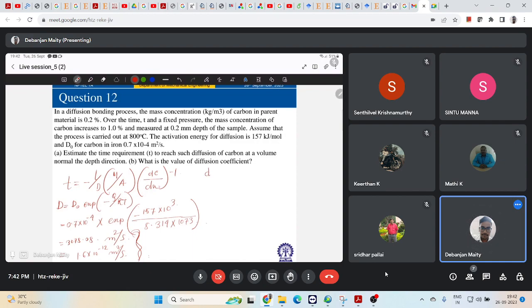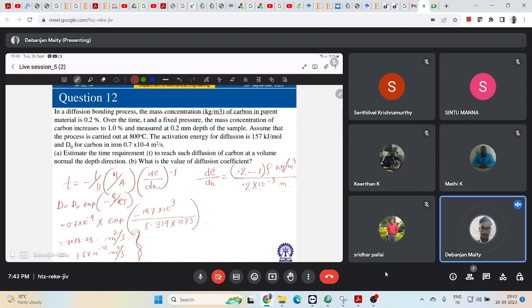Then I can find out how much my concentration gradient is, correct? How can you find out the concentration gradient? These things are provided over here. You have the carbon percentage in kg per meter cube, so you have 0.2 minus 1 rho kg per meter cube, divided by the 0.2 depth, so 0.2 into 10 to the minus 3, that is in meter.